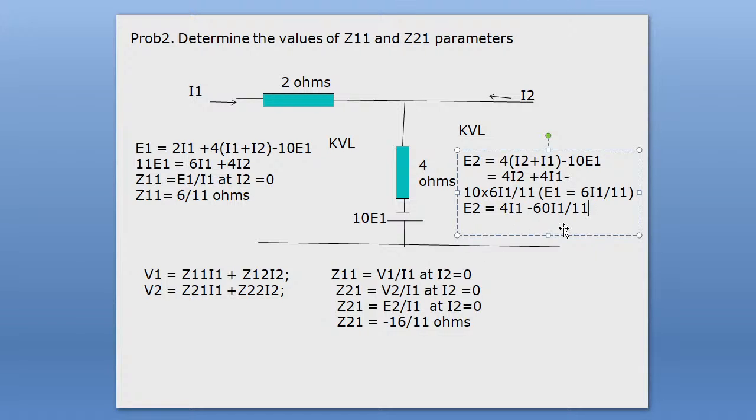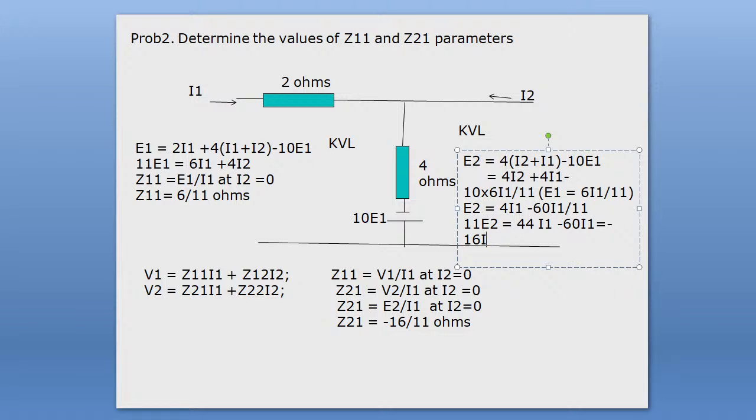So 11E2 equals 44I1 minus 60I1. Therefore you will get minus 16I1.